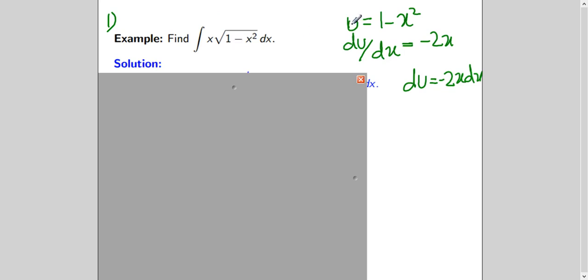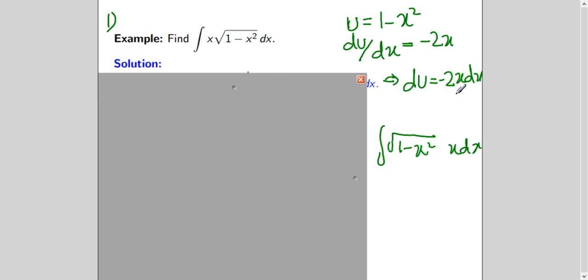When you differentiate here, you know how to differentiate u with respect to x in this case. This implies that du is equal to minus 2x dx. I want to replace x dx, because if you rewrite the question, I can write 1 minus x square times x dx.